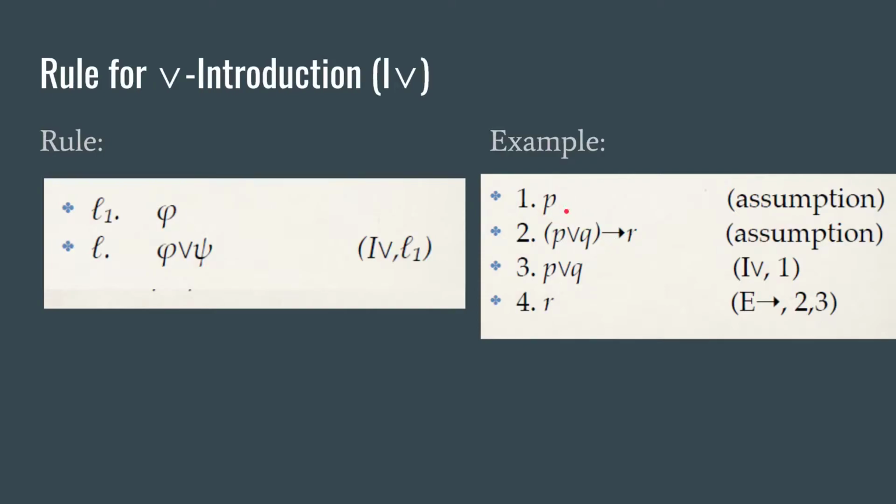You already have P, and so you can disjoin it with any old thing, which means on line 3 we can write P or Q. And that's what we needed in order to use arrow elimination on line 4 to get R. So remember, back to arrow elimination, if you have the antecedent of a conditional, then you can write the consequent of the conditional on a new line. So a very powerful tool there we have in the disjunction introduction.